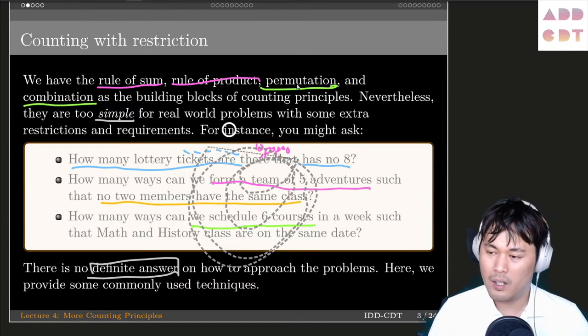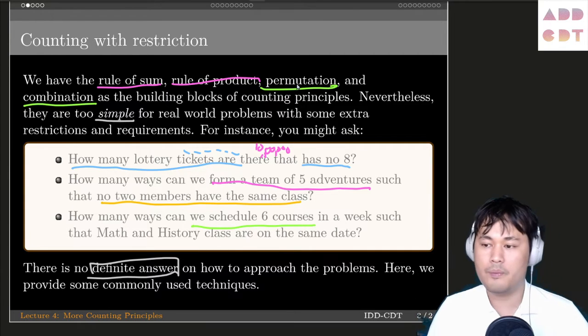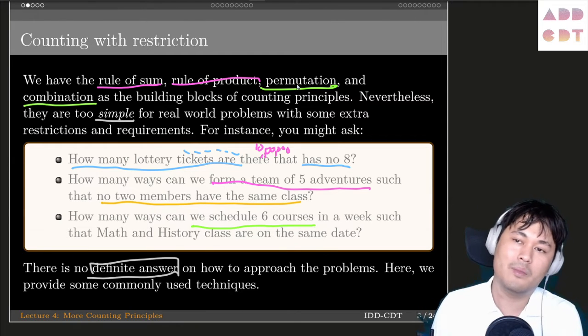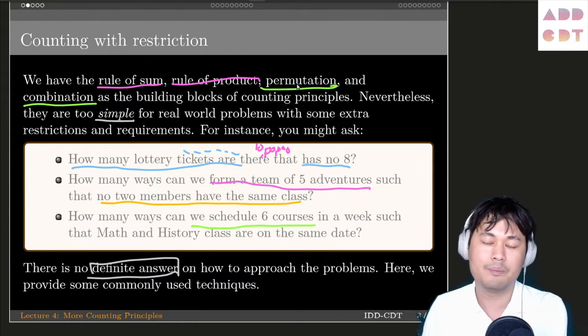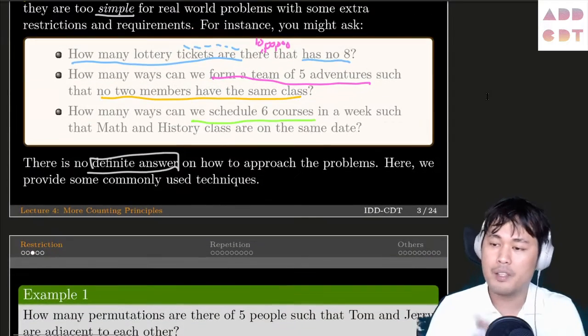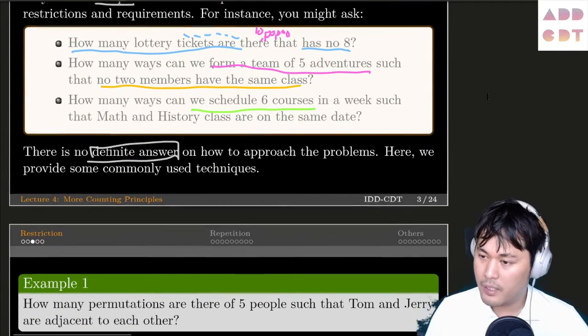All these types of problems require analysis. You have to have seen enough problems to know how to tackle a new problem, so it's all about experience. So let's see if we can use some commonly used techniques in these kinds of problems.